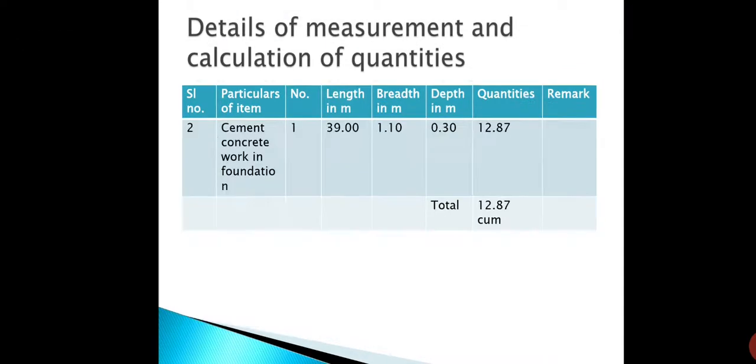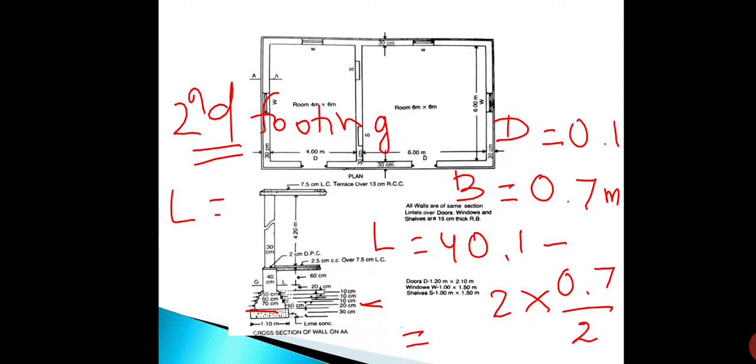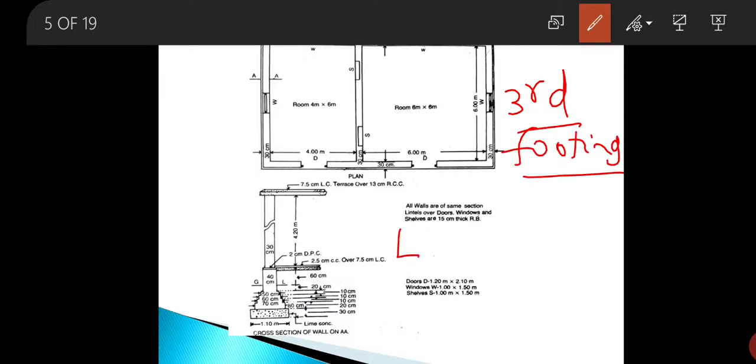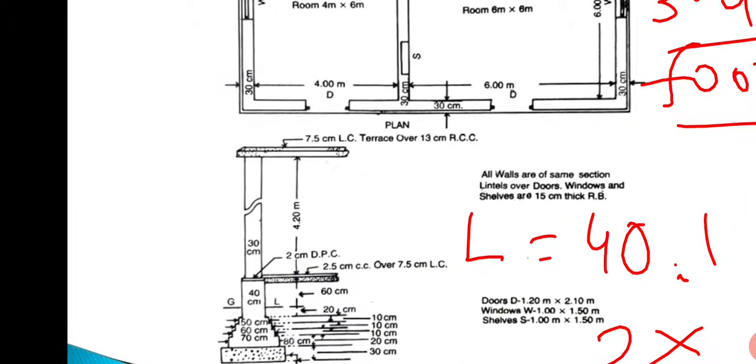Then we will move to the third footing. In the similar manner, for length, total length is 40.1. From that we will subtract both junctions. What is the width of your third footing?